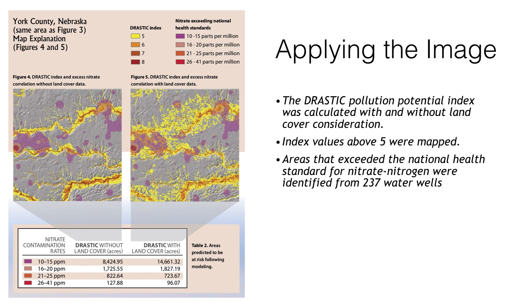The DRASTIC Pollution Potential Index was calculated both with and without consideration of land use. Index values above 5 were mapped. Areas that exceeded the national health standard of greater than 10 parts per million nitrate nitrogen were identified from 237 water wells.